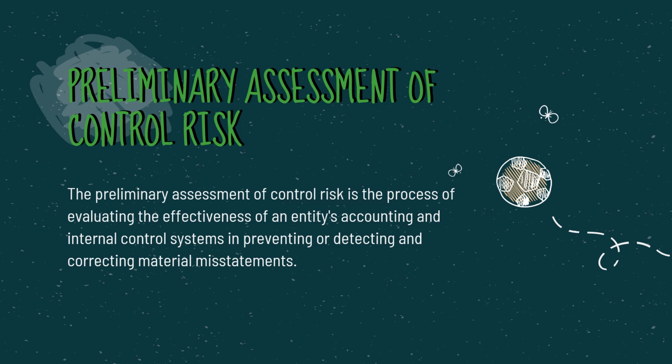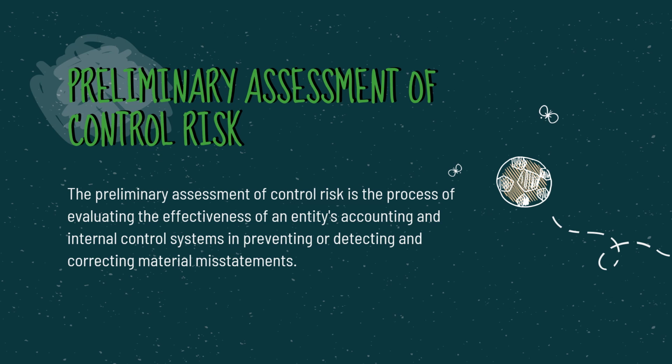Auditors ordinarily assess control risk at a high level for some or all assertions when the entity's accounting and internal control systems are not effective, or when evaluating the effectiveness of the entity's accounting and internal control systems would not be efficient.